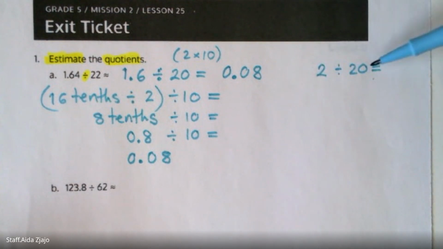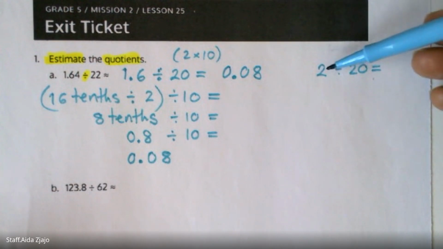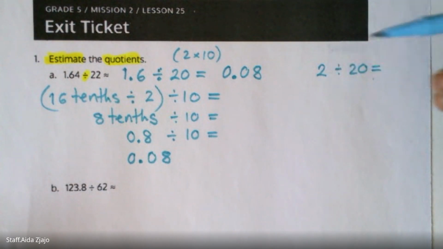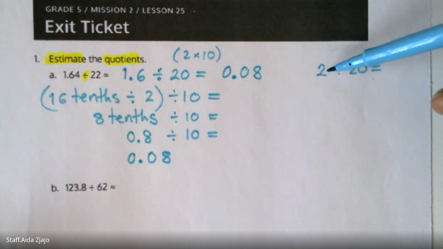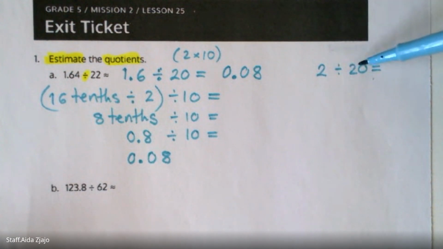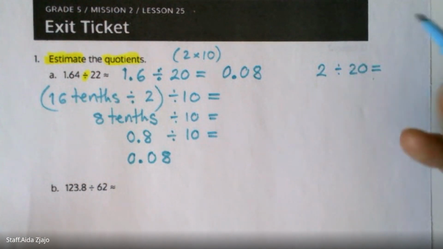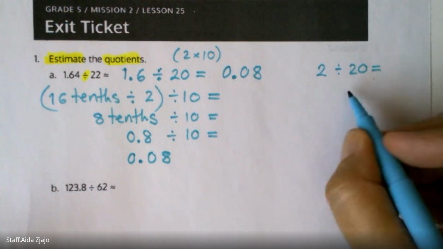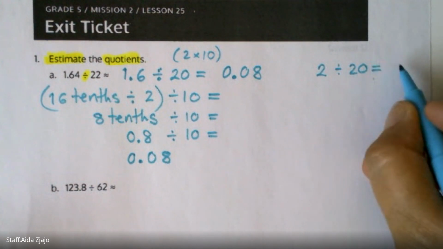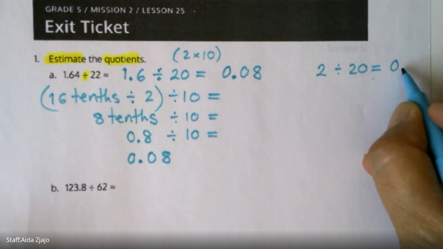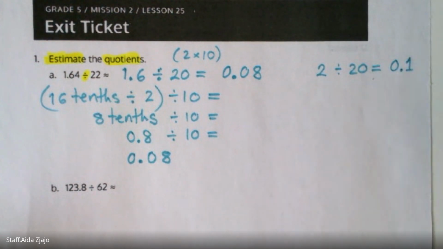I cannot divide $2 into 20, but I can change $2 into 20 dimes. So then each person will get 1 dime. 20 divided by 20 equals 1, but 1 dime. And 1 dime or 1/10 is 0.1. So this would be 0.1 if you think like that.